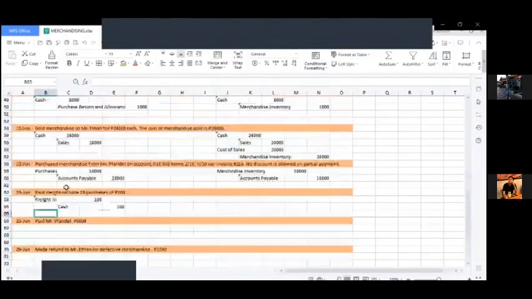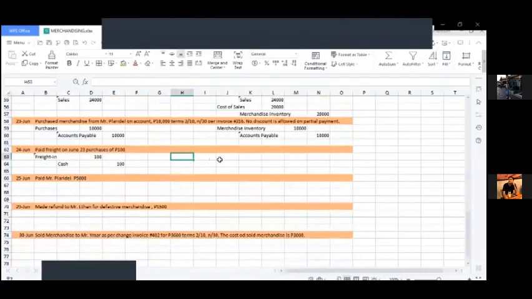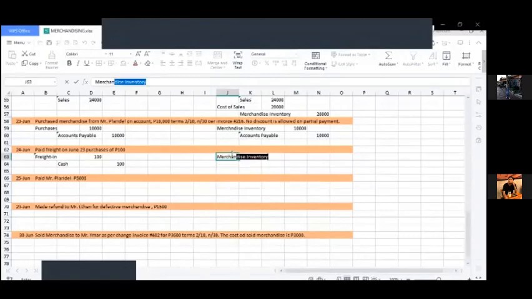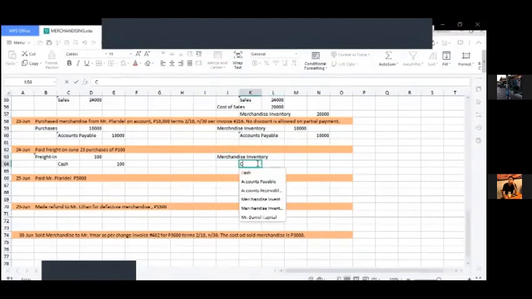And then, pagdating ng perpetual inventory system, papalitan natin yung freight in ng merchandise inventory, in cash. Magkano? 100.